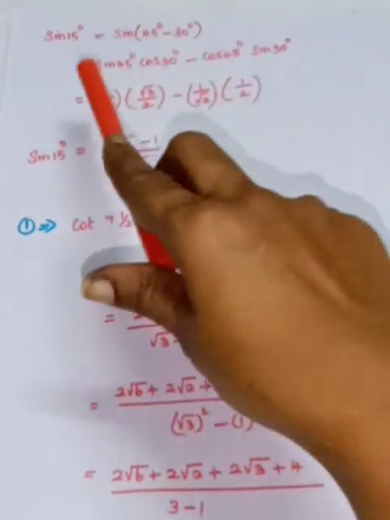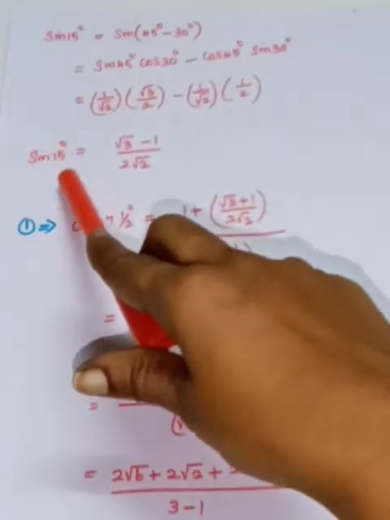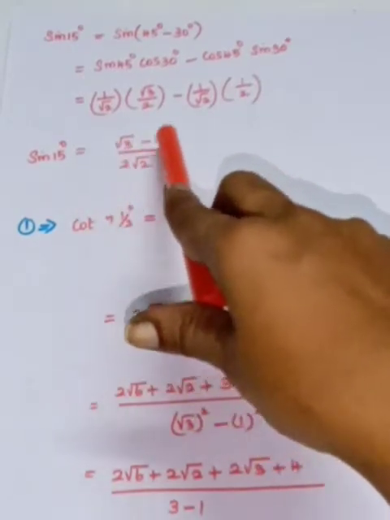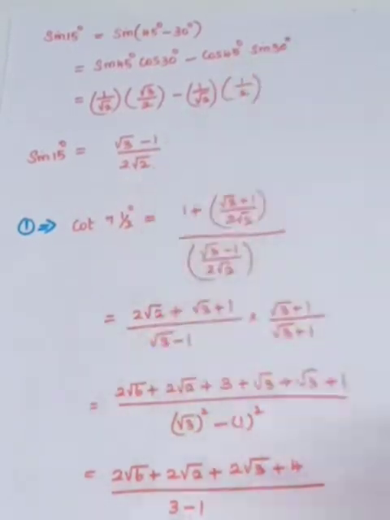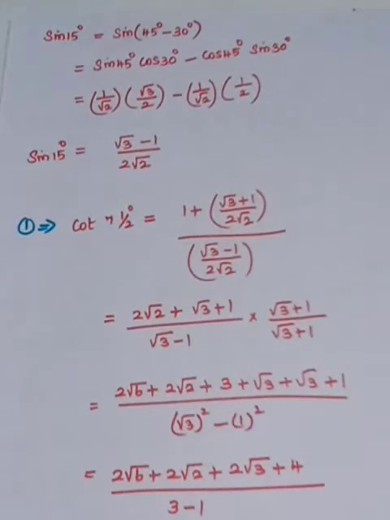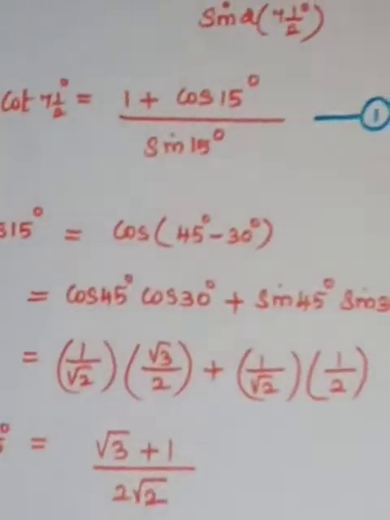The values are substituted, so sin 15 degree is equal to root 3 minus 1 by 2 root 2. So we have found cos 15 degree and sin 15 degree.